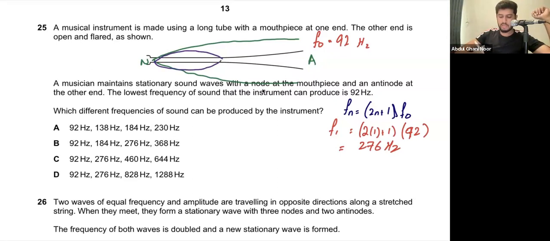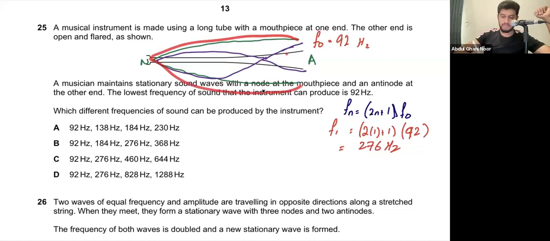ठीक है. अगर आप इसको बगैर फॉर्मूला के करना चाहो तो the next wave that will be formed would be something like this. The next wave that you'll have will be something like this here. इसकी वेवलेंथ छोटी हो गई है. कितनी छोटी हो गई है? 1/3 हो गई है. जहां पर ये हाफ अ लूप आ रहा था, अब 3 लूप्स आ रहे हैं, तो 1/3 हो गई है आपकी. सही.